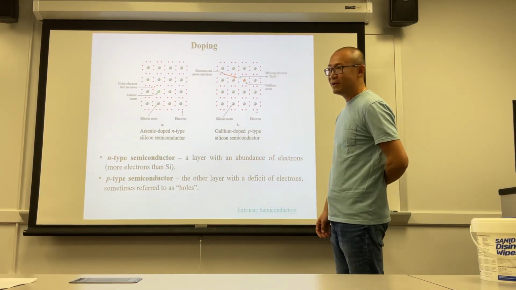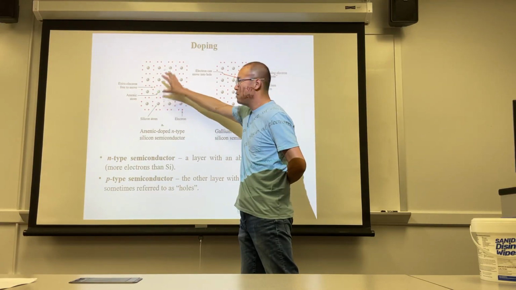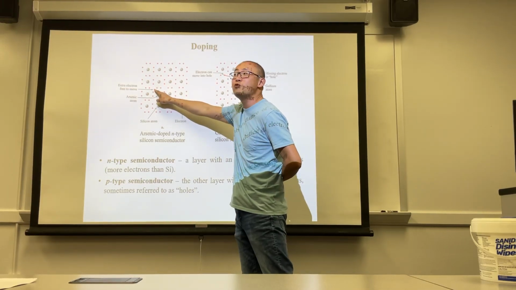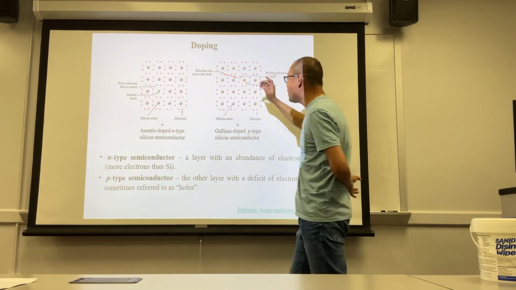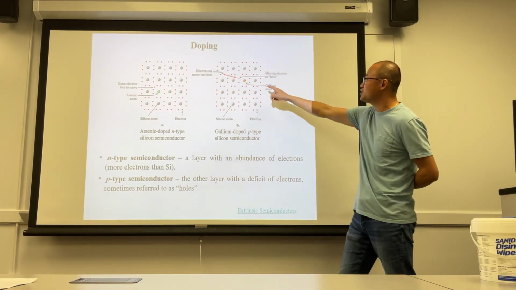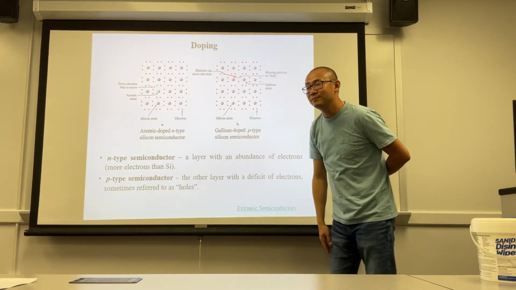If you add arsenic in one layer, the arsenic will actually provide a free electron to move, right? Because arsenic has 5. And if you add gallium to another layer, because gallium only has 3, that means you actually have an empty hole in the other layer.